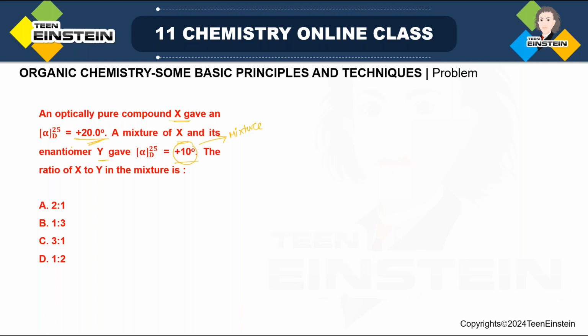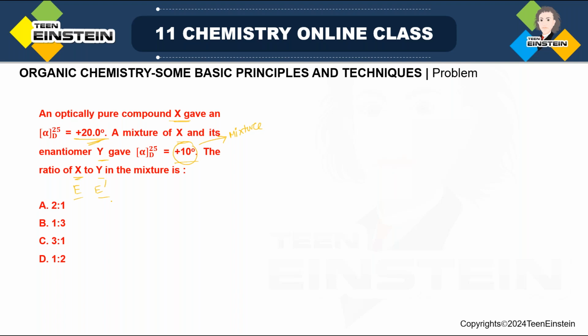So one is named X, another is named Y. It is the same type of information as in the previous problem, but here it is finally asking something else. It is asking the ratio of X and Y. That means if one enantiomer is E and another is E prime, it is simply asking the ratio of these two, whether it is 1:1, 2:1, like this.